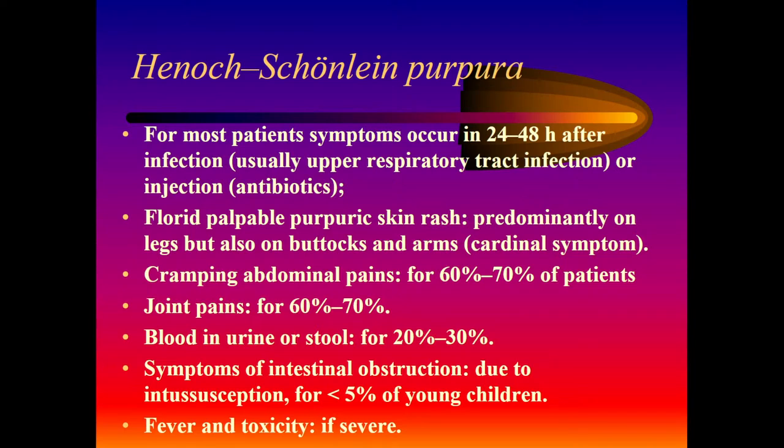Cardinal symptoms: cramping abdominal pain for 60 to 70% of patients, joint pains for 60 to 70%, blood in urine or stool for 20 to 30%, symptoms of intestinal obstruction due to intussusception for less than 5% of young children. Fever and toxicity, if severe.